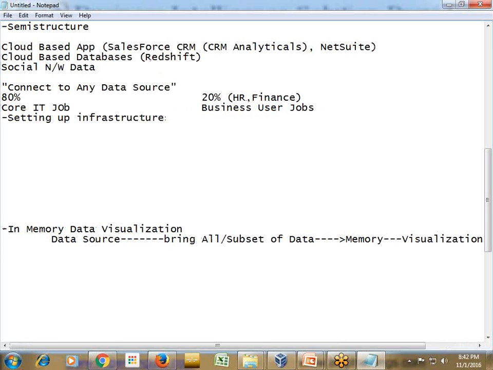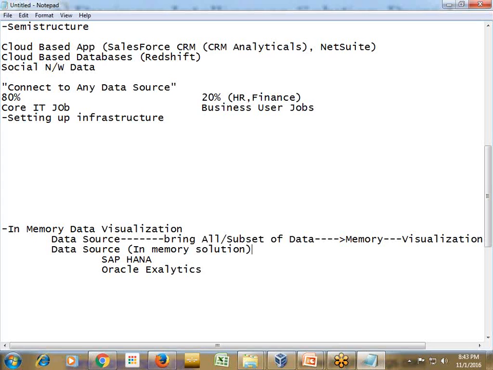But my client says, why should you bring data into memory? My data source itself is capable enough to process high volume data. I have hardware like SAP HANA, I have hardware like Oracle Exalytics, and the company has already spent huge money to buy this hardware. It's very expensive, right? The moral of the story: the data source itself is an in-memory solution.